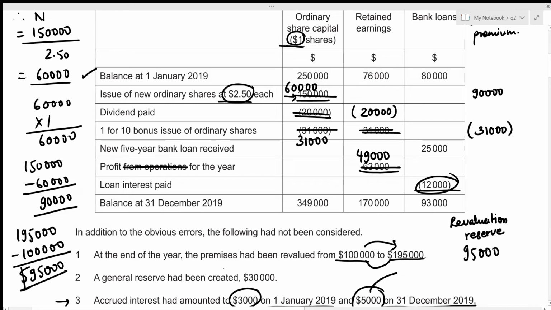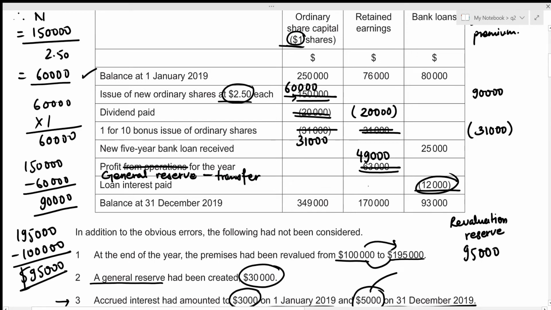Okay, then lastly, we were also given information regarding general reserve. It had been created amounting to 30,000. So what we know is that whenever we create general reserve, we actually put in the money from our retained earnings. So if we are creating a general reserve, we need to transfer the value from our retained earnings section to the general reserve.